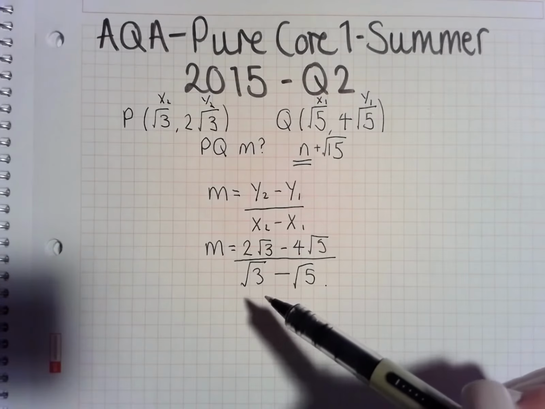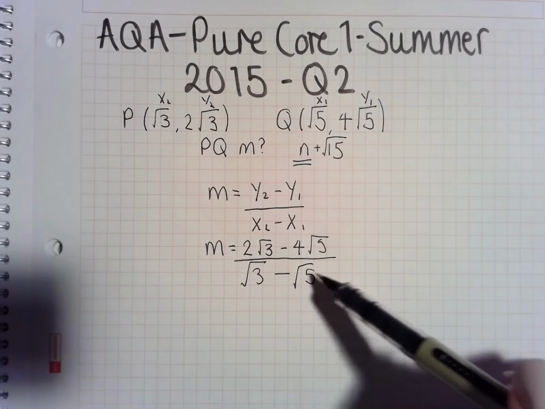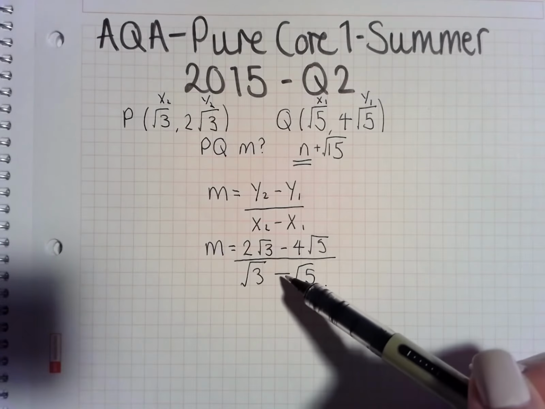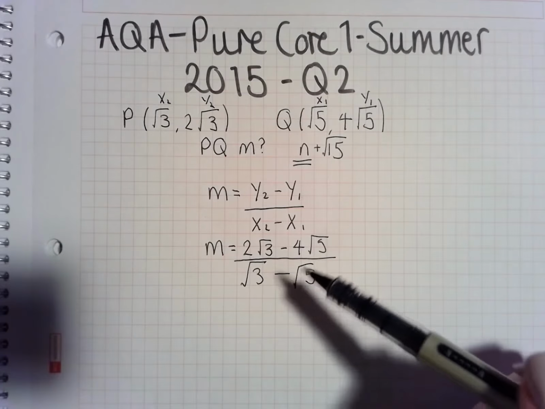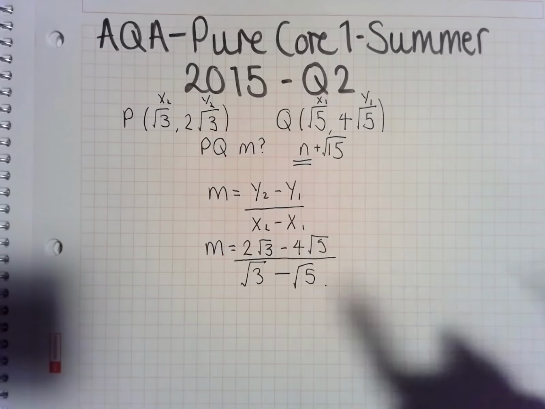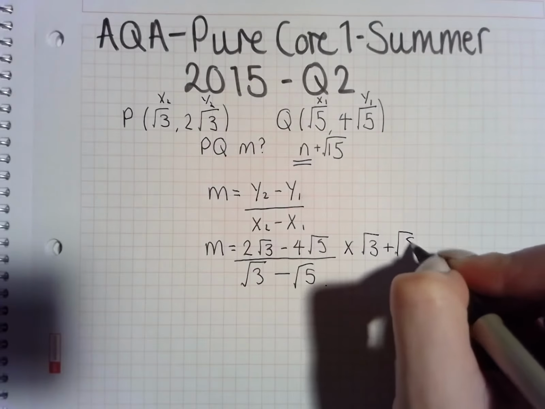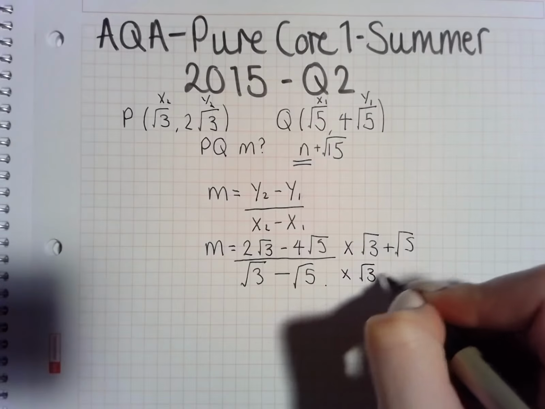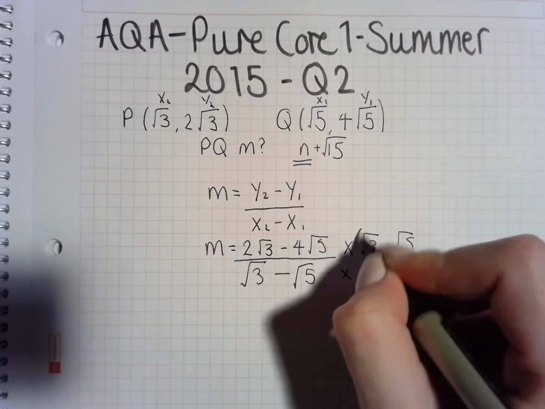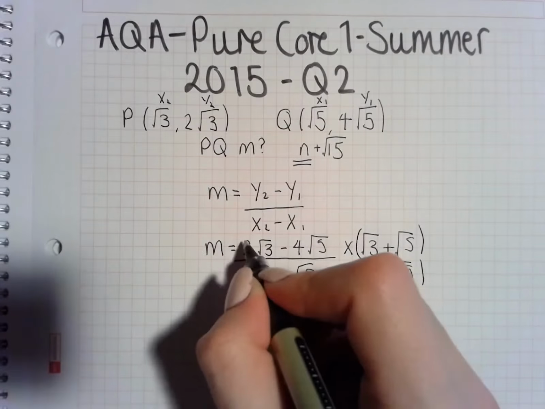What that means is the same expression but with the opposite sign in the middle, which is the less technical way of saying it. So root 3 plus root 5. So let's times the top by root 3 plus root 5 and the bottom by root 3 plus root 5. Put that in brackets so it's all nice and neat.